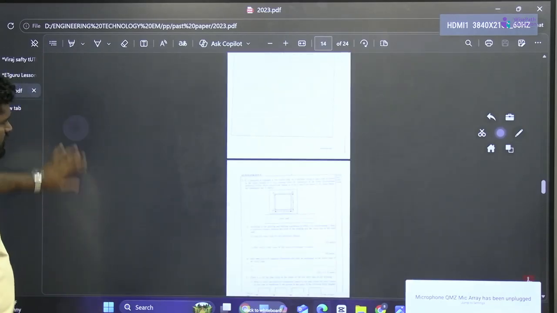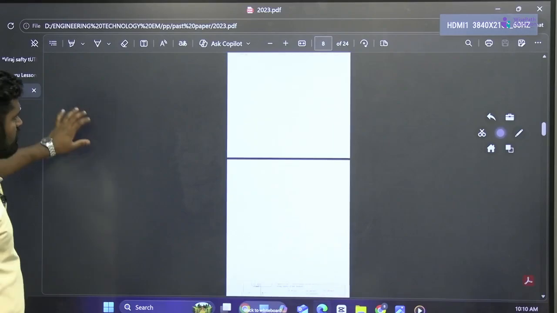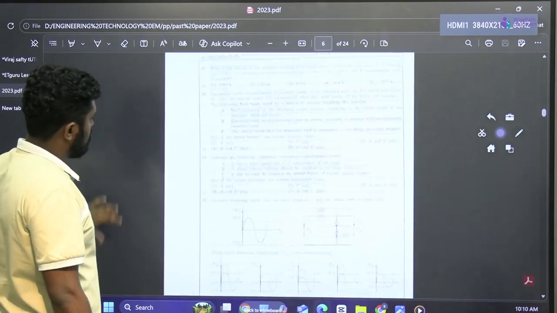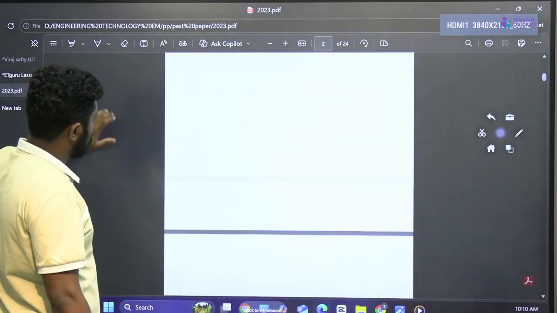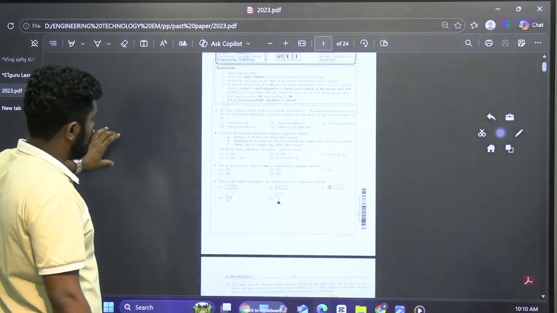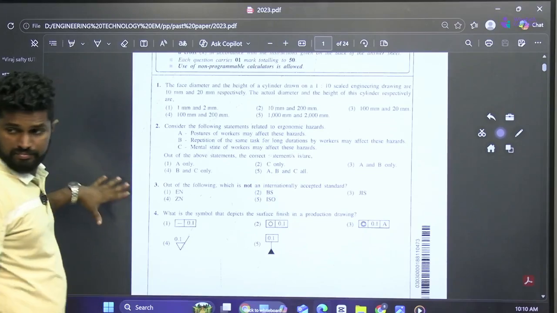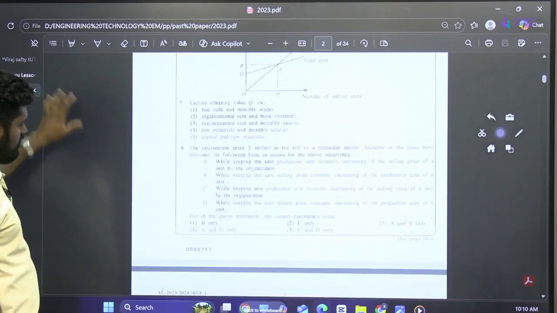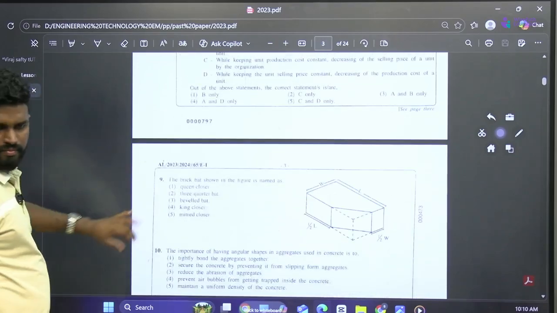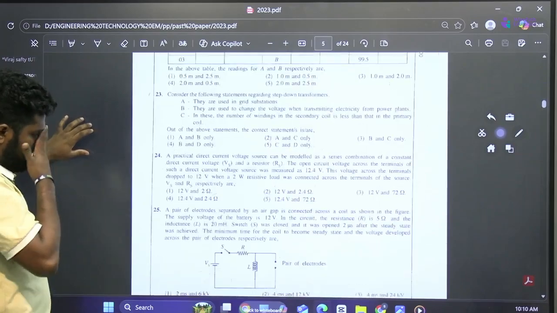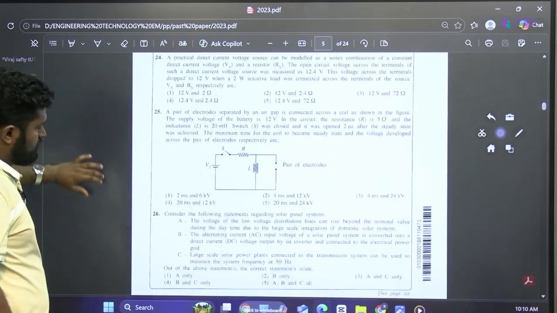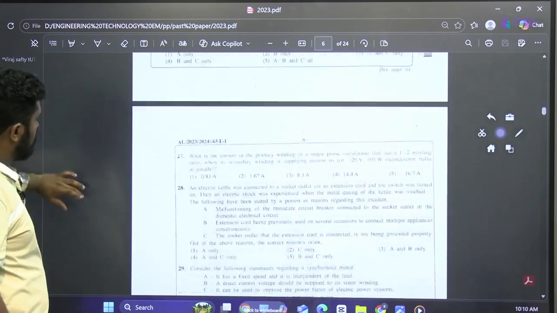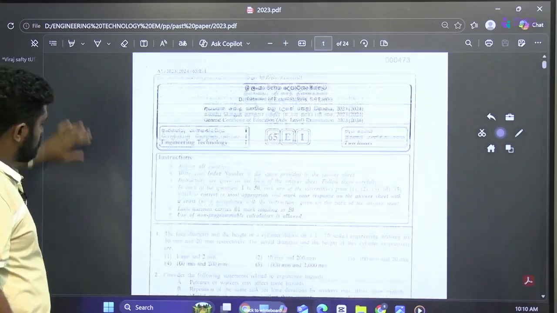Then here is about the first 8 questions from the model, common. First 8. After that they ask the civil questions. Then 8 to, I think, 8 plus 14, 22. From 22, electrical.